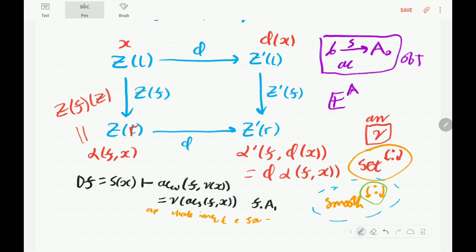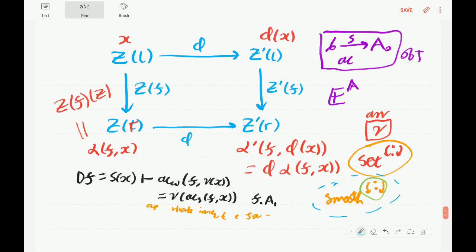But you can also make this externally, because you can get your category of smooth spaces. That's just a category, and you can get this category of two parallel arrows, and then you can think about the exponential object associated with that.